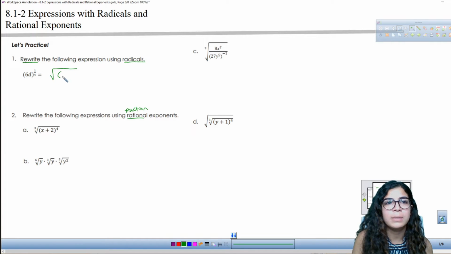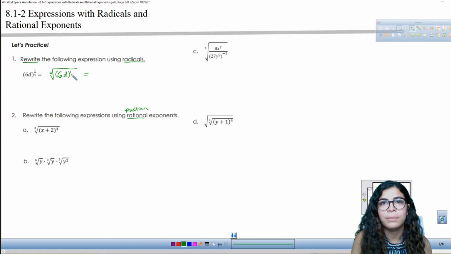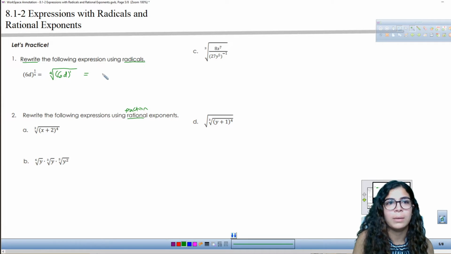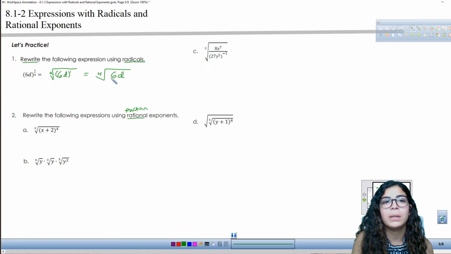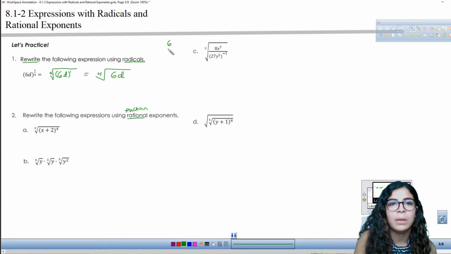fraction is the power for whatever's in parentheses, and the denominator is the index for the radical. So all of this 6d, which is to the power of 1, has the index of 4. If you have a power of 1, obviously that's not going to change anything. So it's just the fourth root of 6d. Now, if the fourth root of 6 could be simplified, then you would.